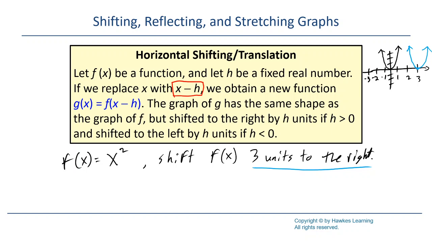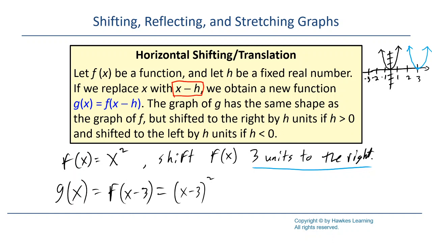But because of the way that you're shifting, this 3 units to the right is actually accomplished by subtracting 3. So g of x, which would be our shift, is going to be equal to f of x minus 3, which is, you plug all of x minus 3 into there. So it's x minus 3 squared.